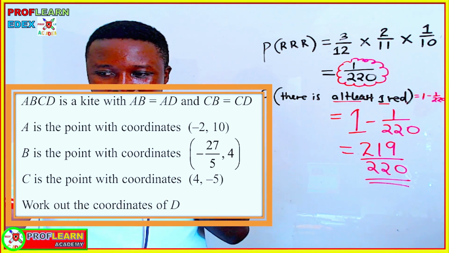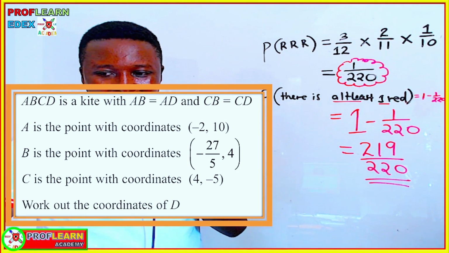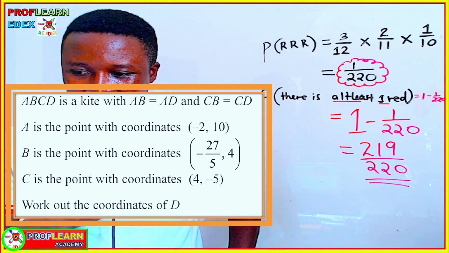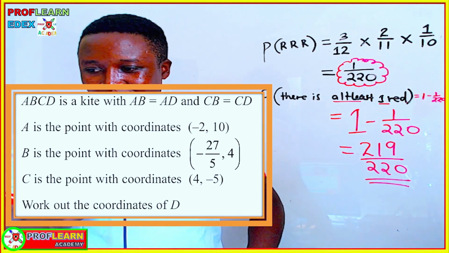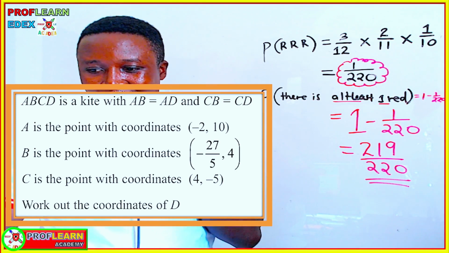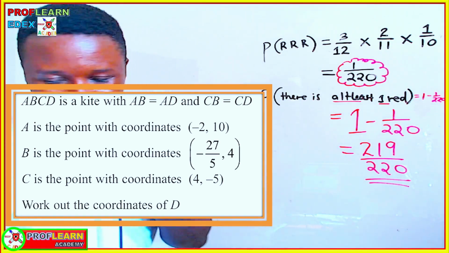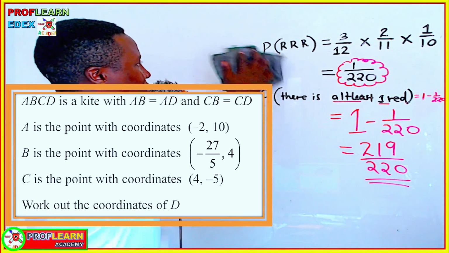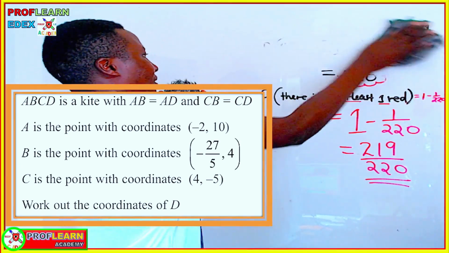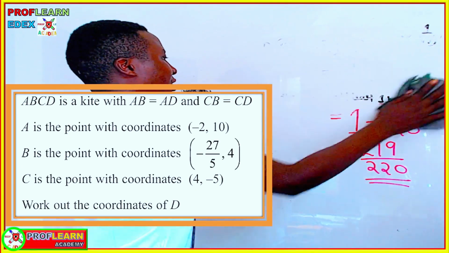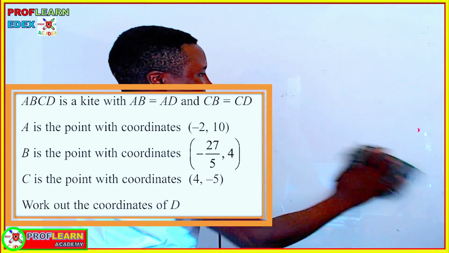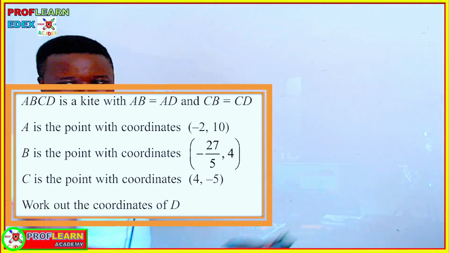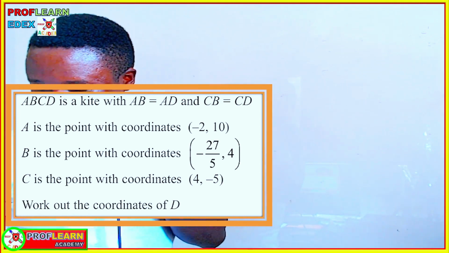We are given a kite ABCD, whereby AB equals AD, and CB equals CD. We are given the coordinates, so I'll draw the diagram and represent the information we have, so that we can see what is supposed to be done.